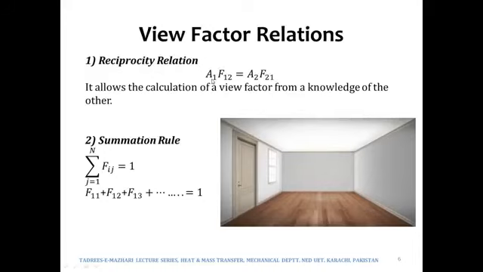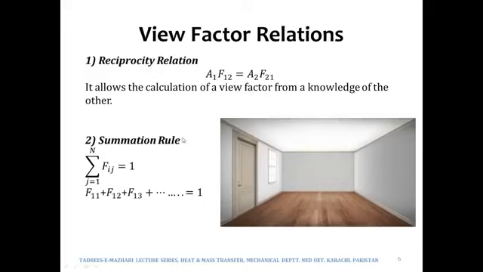In general, we may write it as AiFij is equal to AjFji, or A1F12 is A2F21, or A3F34 is A4F43. So it can be written in this form between any two surfaces. With the help of the reciprocity relation, we can find out the other view factor, provided we know one of them, because the areas would in fact be known.